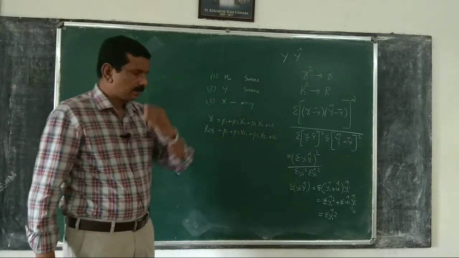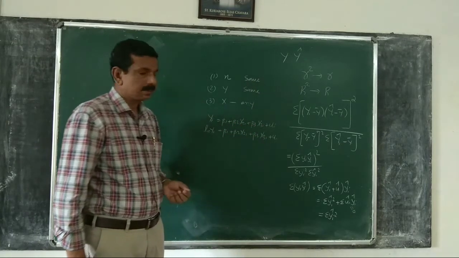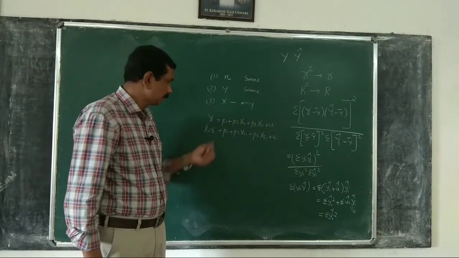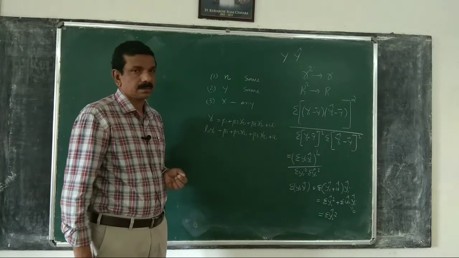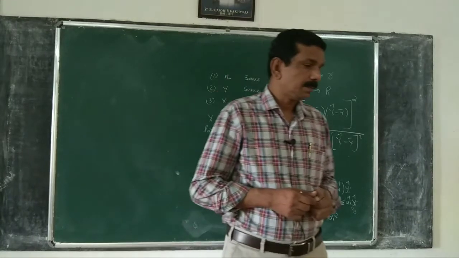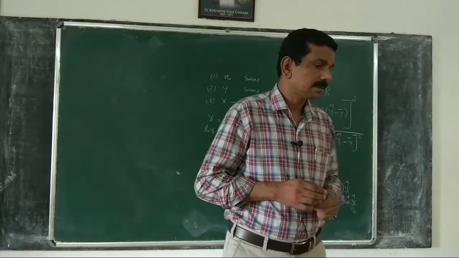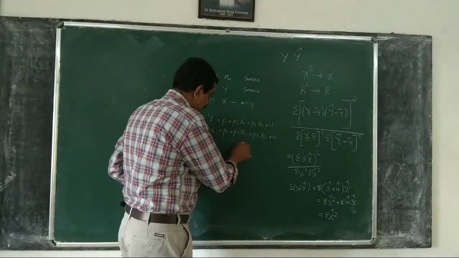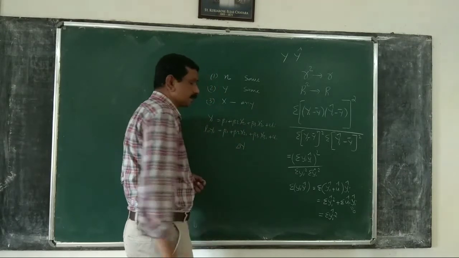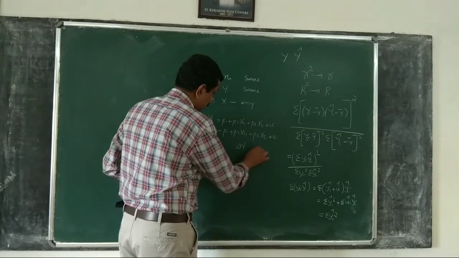Even if these models are based on the same sample size and the same number of explanatory variables, you cannot compare these models based on R square, because the dependent variable is different. In the first case, R square measures the proportion of the variation in y explained by x. But in the second case, the variation in y is delta y by y.